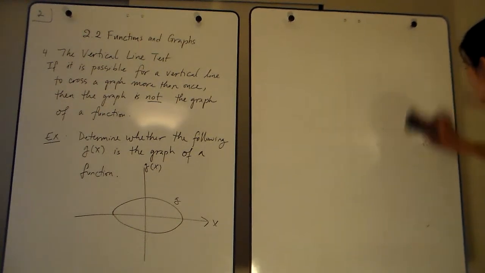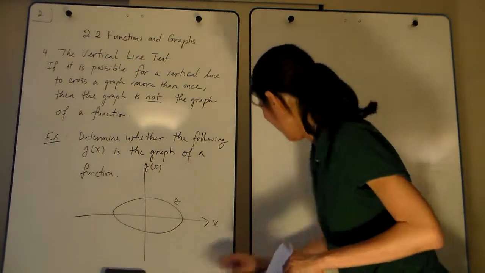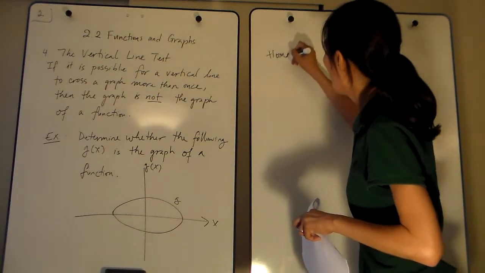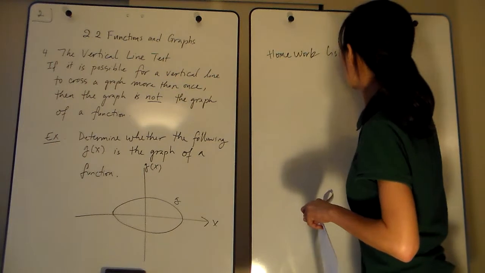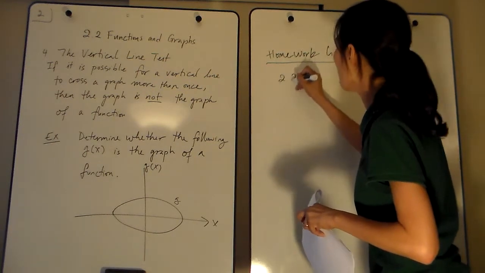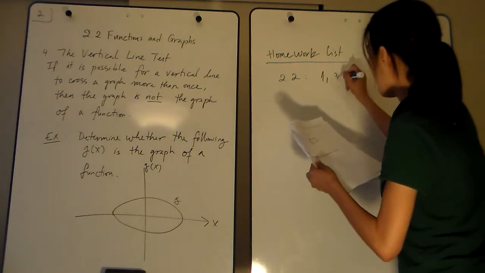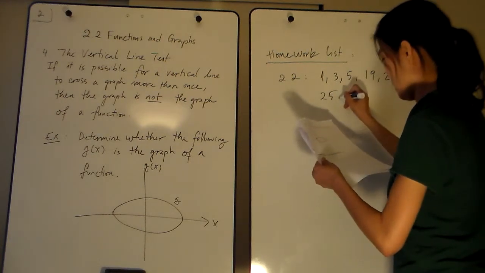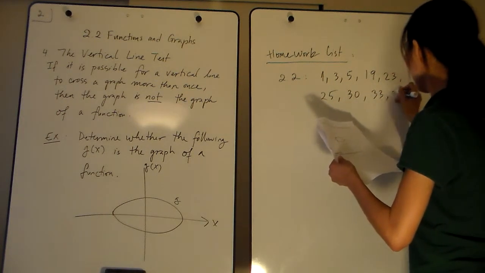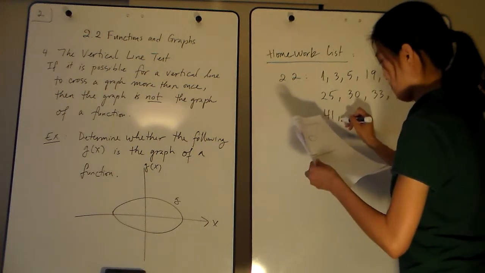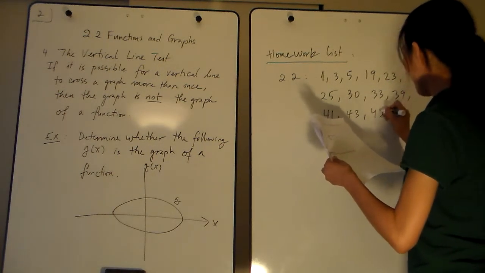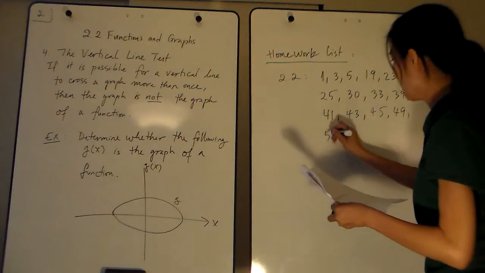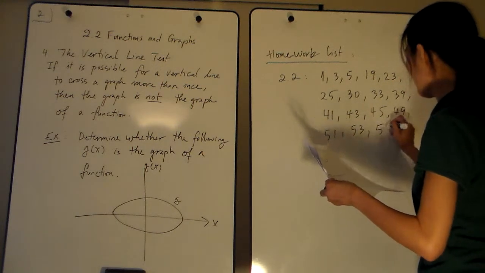So here, homework list for section 2.2: 1, 3, 5, 19, 23, 25, 30, 33, 39, 41, 43, 45, 49, 51, 53, 57.